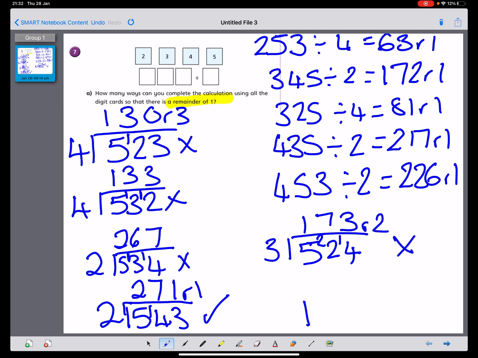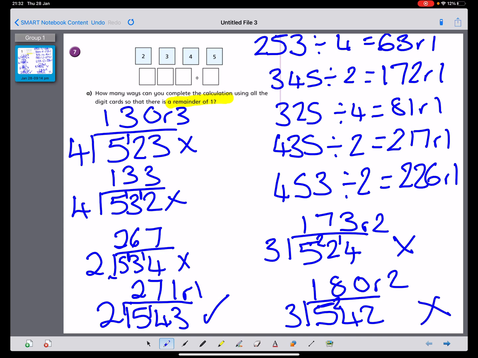Doesn't work. Last one, 542 divided by 3. 3s into 5 go 1 with 2 remaining. 3s into 24 go 8. 3s into 2 do not go, and there would be 2 remaining. So that one does not work. So that leaves us with one here that does work.